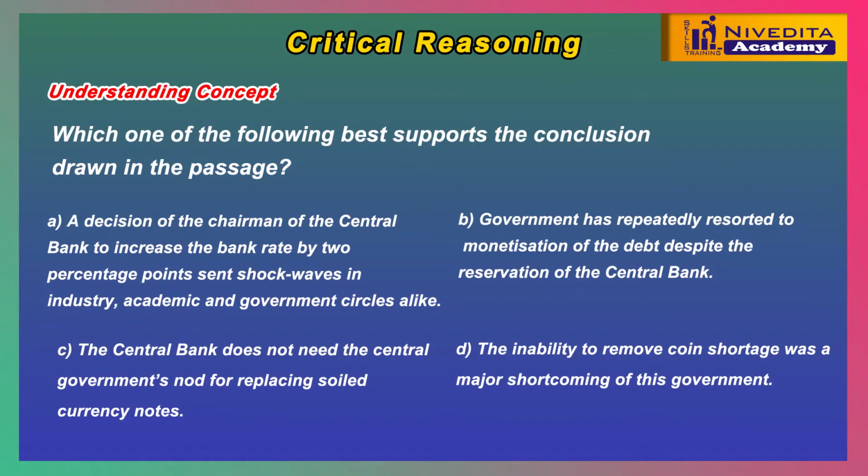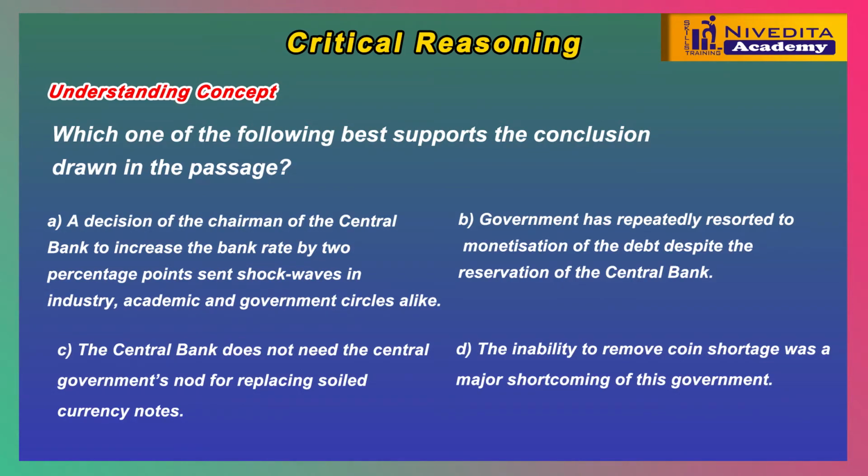B. Government has repeatedly resorted to monetization of the debt despite the reservation of the central bank. C. The central bank does not need the central government's nod for replacing soiled currency notes. D. The inability to remove coin shortage was a major shortcoming of this government.